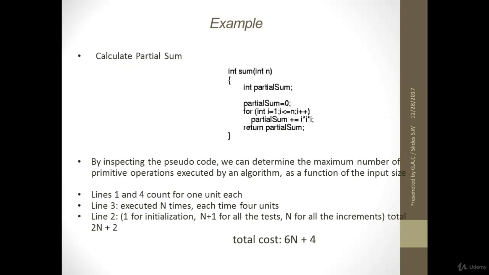If we look at this example again, we have a function to calculate the cost. Line 1 and line 4 are 1 unit each: partialSum equals 0 and the return statement. Line 3 is executed n times, which is inside the for loop, so it is 4n.